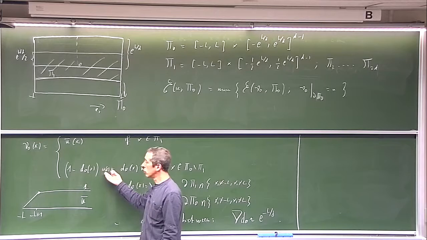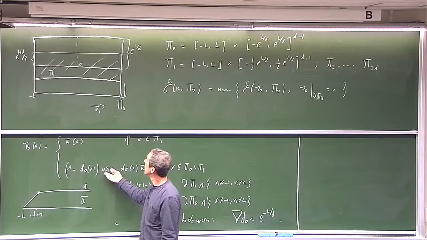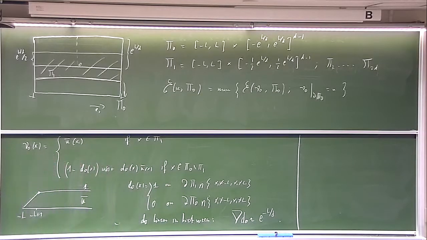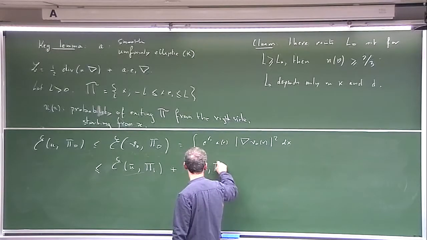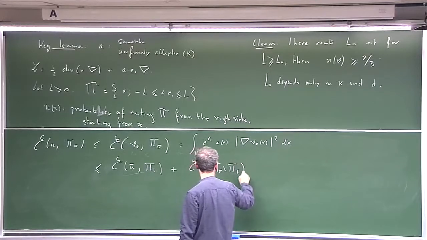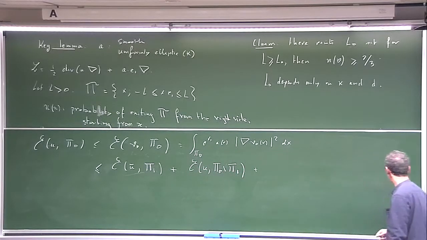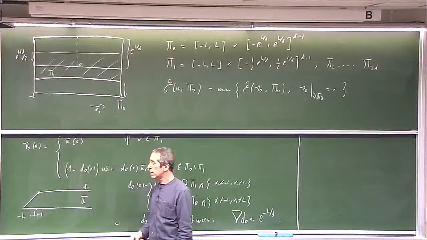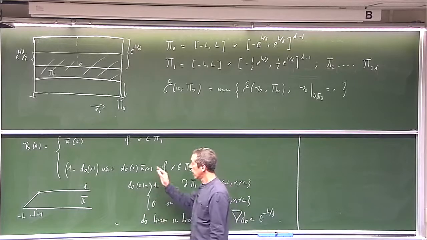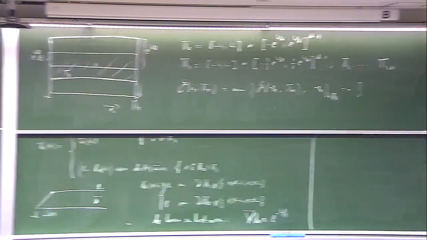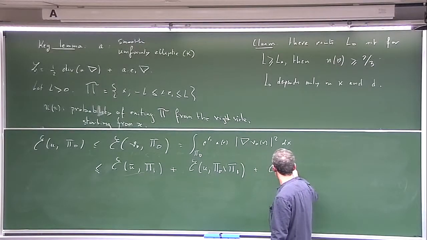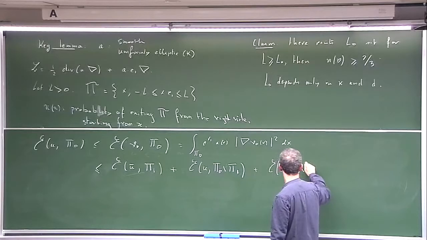Now, if you apply the gradient to u here, you get something which will give the energy of u in pi 0 minus pi 1. So the second term is the energy of u in pi 0 minus pi 1. And I'm just using the fact that 1 minus d0 is less than 1. Then I can apply the gradient to u bar, and I get similar thing when u is replaced by u bar. So I get the energy of u bar on pi 0 minus pi 1. Okay?